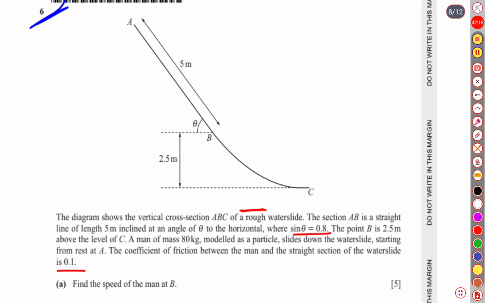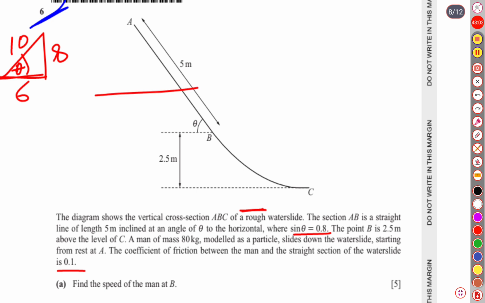They have written sin theta is equal to 0.8. That means the perpendicular is 8 and the hypotenuse is 10. So surely our adjacent side is going to be 6, because 6 squared plus 8 squared is 10 squared.